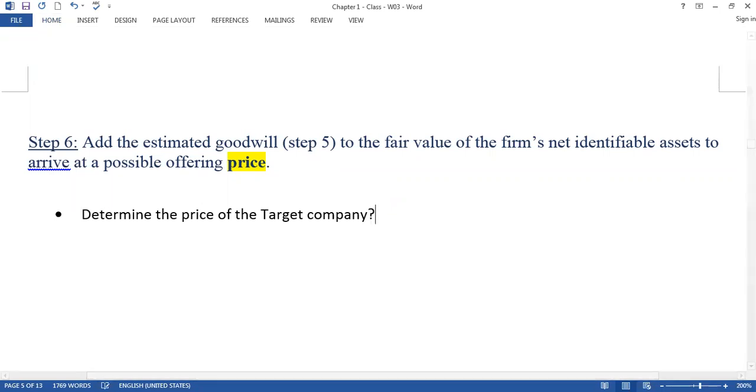The answer is we need net asset, we need estimated goodwill, and the price equals net asset plus goodwill.